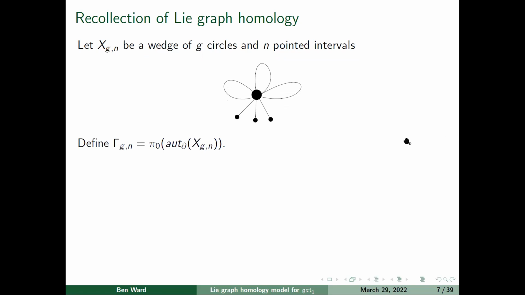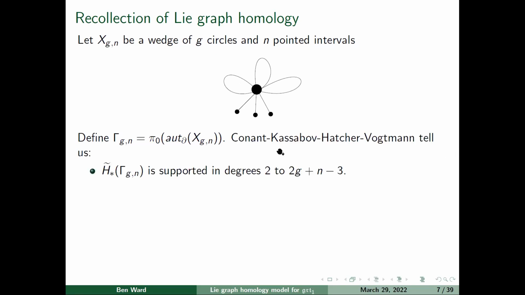And let me define a group which looks at boundary-preserving self-homotopy equivalences of this space, and then takes homotopy classes of those. So that's a group, and maybe it's rather mysterious at first, but Conant, Kassabov, Hatcher, and Vogtmann tell us a few things about it, and they tell us a lot about it maybe, but I'll just say a few things that I need.